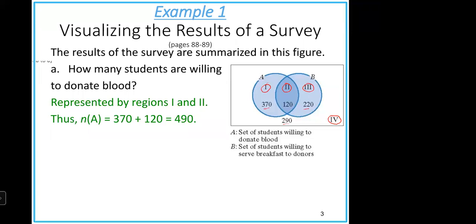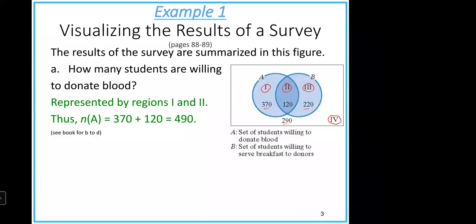Okay. Now your book has several other questions, which I don't have on the slide. So that was part A. If you look on page 89, part B is asking how many students are willing to help to serve a free breakfast to blood donors. So the persons willing to serve free breakfast, what portion of the circle would that represent?